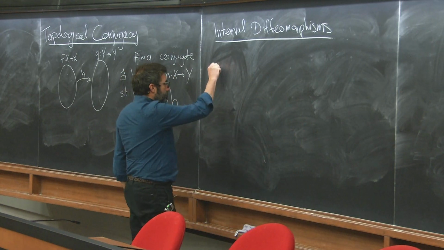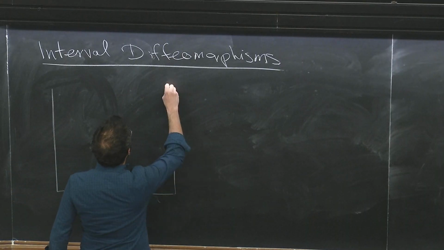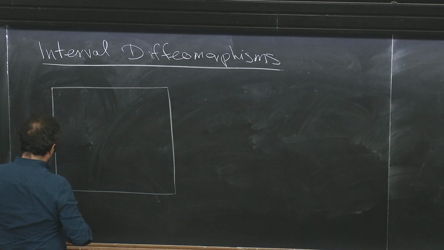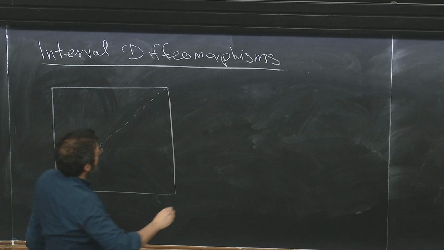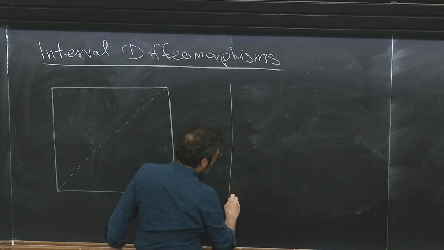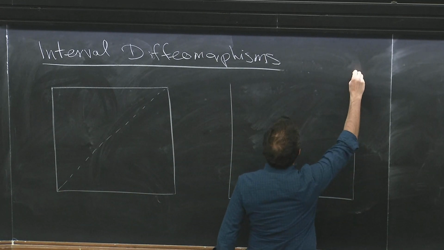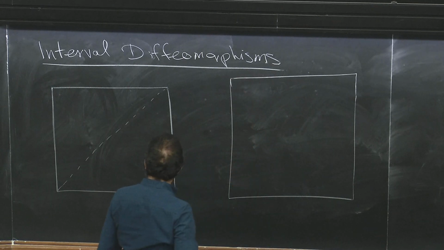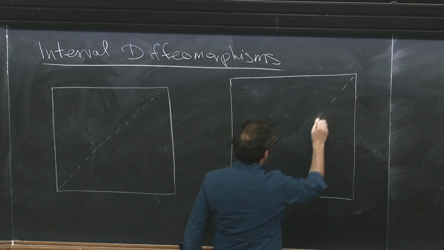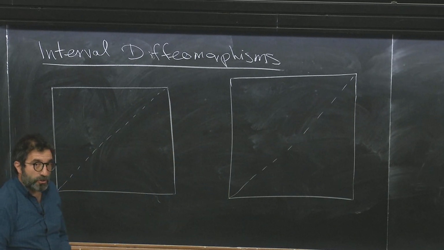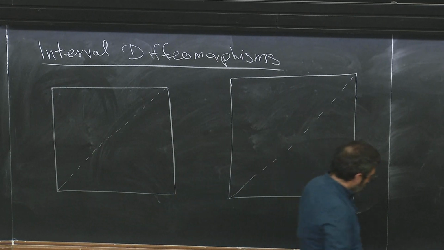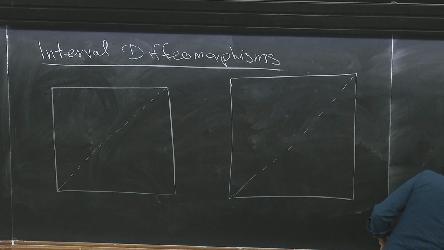If we take two interval diffeomorphisms, do we know if they are in the same equivalence class for topological conjugacy? There are some characteristics which we know are obstructions to topological conjugacy.